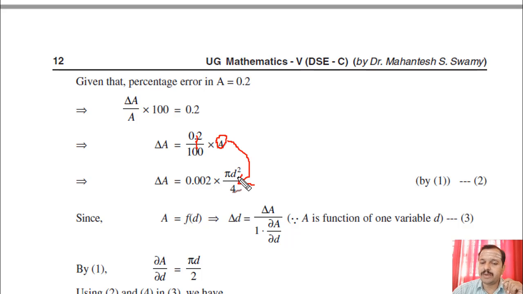So 2 fours are 2... so pi by 2 into d remains. So that is over here, pi by 2 into d. The partial derivative of A with respect to d is written over here. You can look at this. So this is the value, we can substitute it here. Then what happens, let us see.